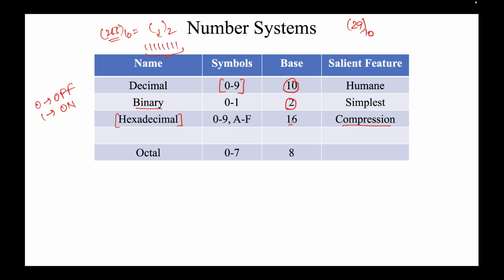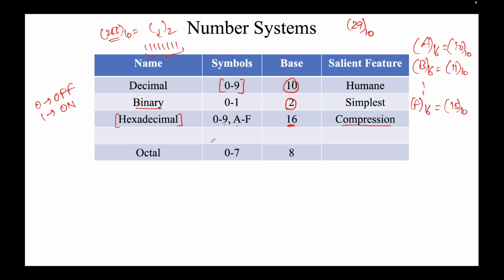It uses 16 different symbols, since the base is 16, and the symbols are 0 to 9, just like decimal, plus 6 other symbols, capital A to capital F. Capital A in hexadecimal is the number 10 in decimal. Similarly, B is 11, and so on. The symbol F in hexadecimal is the number 15 in decimal.